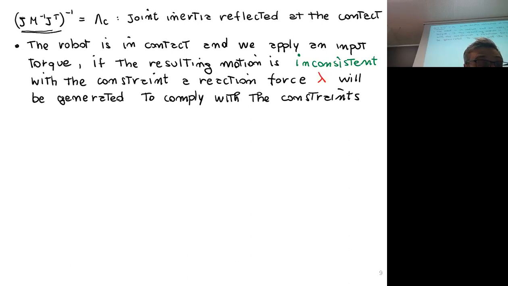So what we said before: when the robot is in contact and we apply an input torque, the resulting motion might be inconsistent with the constraint that we set, for example, keeping the end effector fixed on the rail, and therefore a reaction force will be generated to make this motion comply with the constraint.